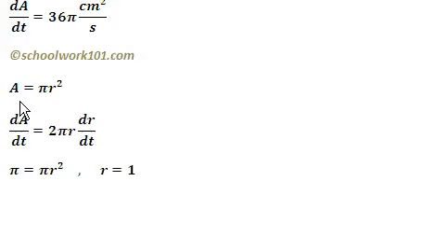So once again, we start with A is equal to pi r squared, and we're going to take the derivative of this, just like we did in the previous problem. But what we're going to have to do now is find r, because we're looking for dr over dt, and they gave us dA over dt, but what we don't have is r.